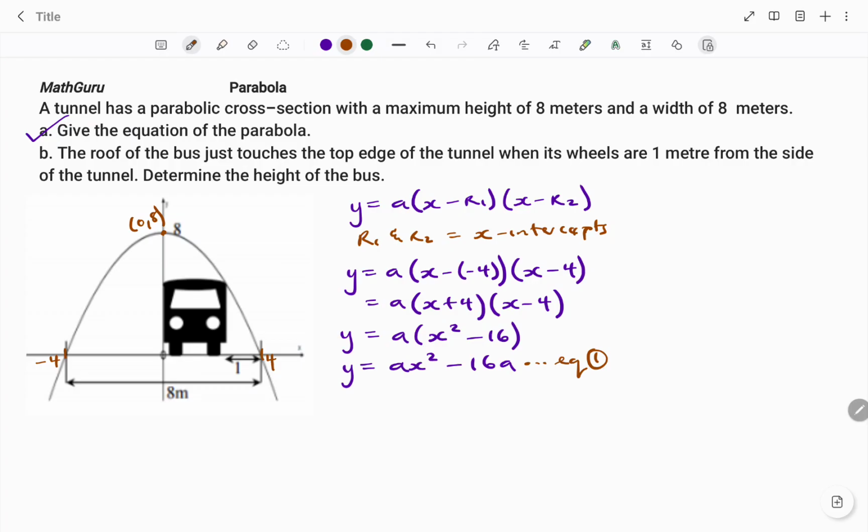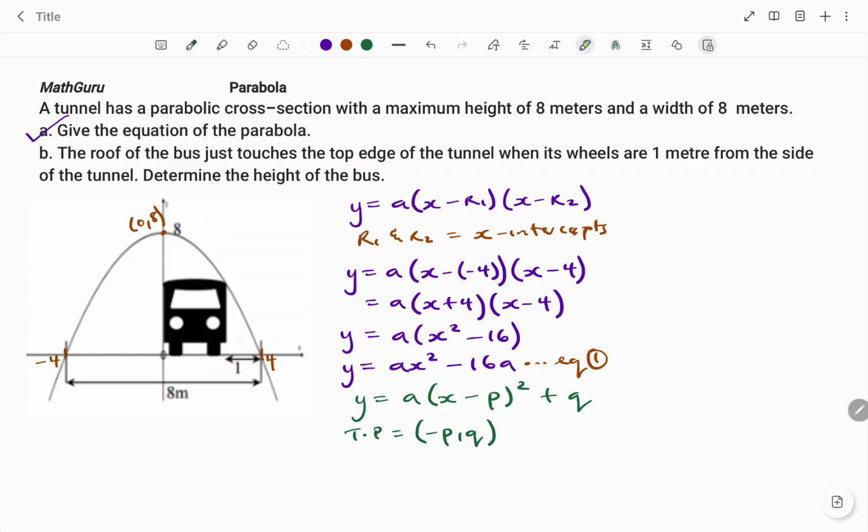The second equation I'm going to derive will be using my vertex formula for a parabola, and that is y equals a(x minus p) all squared plus q, where p and q are the turning point. So if I go back to the diagram, I have my turning point to be 0 and 8.